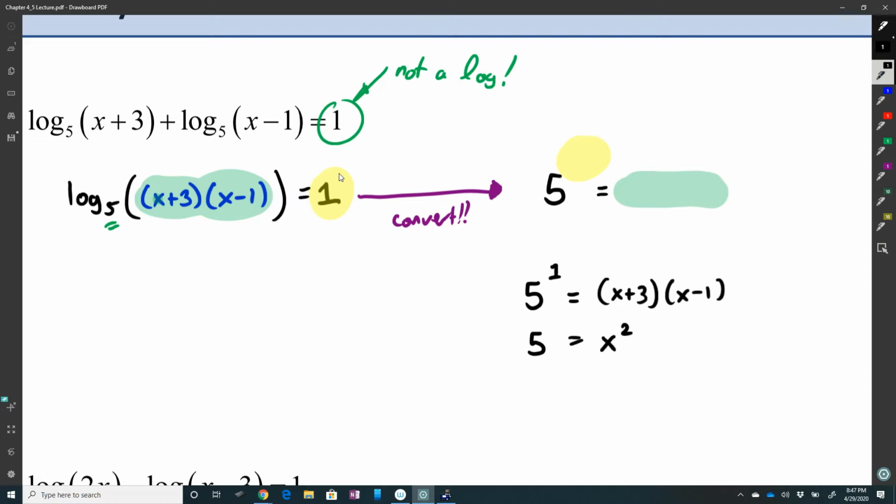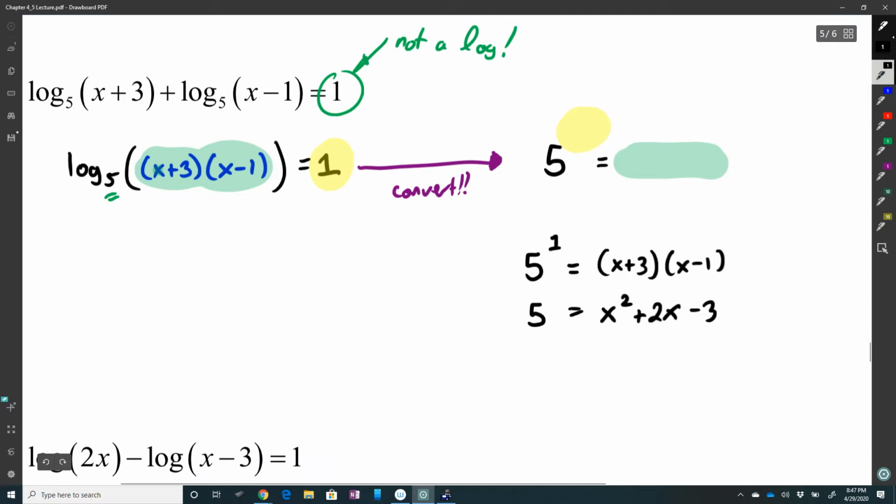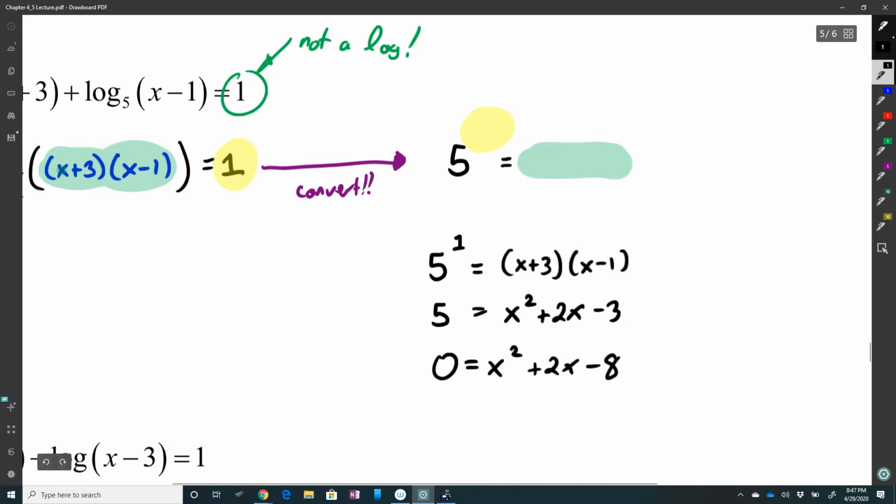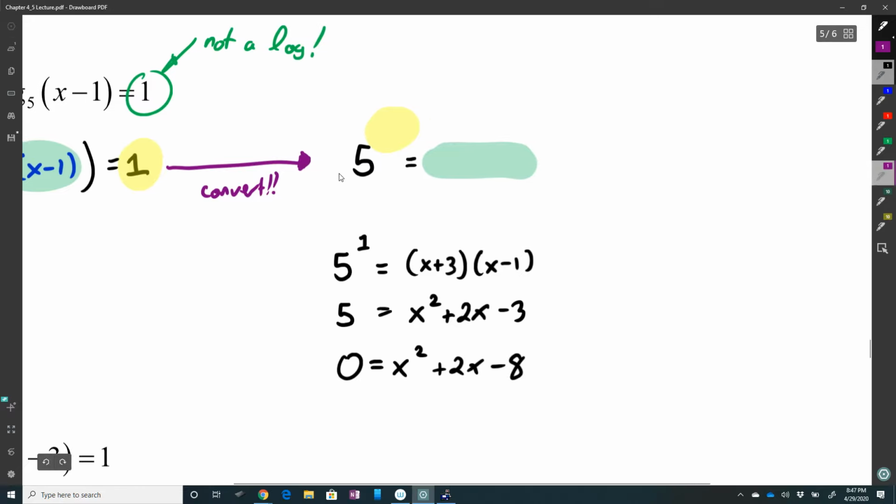Minus x plus 3 is plus 2x minus 3. Subtract the 5. Minus 8. Again, with quadratics, we cannot solve by moving stuff around. We have to factor or use the quadratic formula. So, this one can be factored.